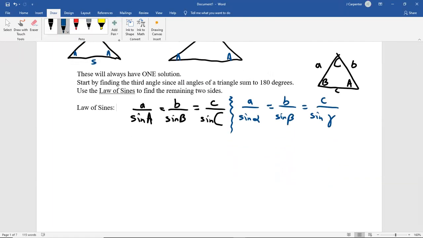So alternatively, in Greek, you can go A, B, C, and then this is angle alpha, angle beta, and then angle gamma. Gamma just looks like you took alpha and rotated it 90 degrees. Kind of looks like a Y almost as well, like a cursive Y.